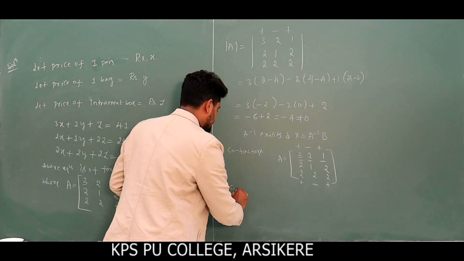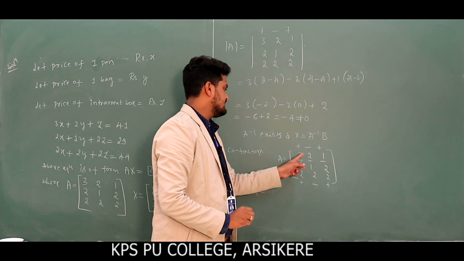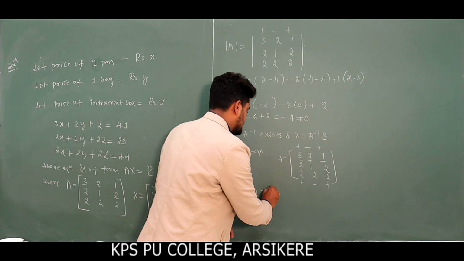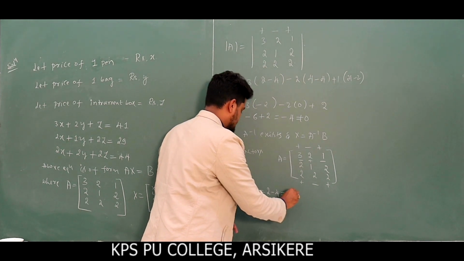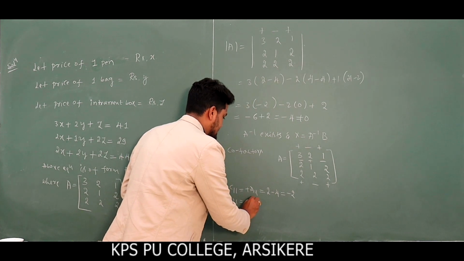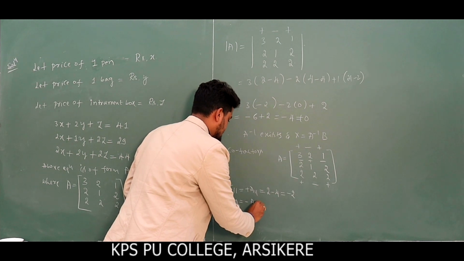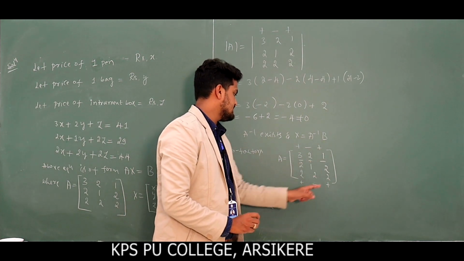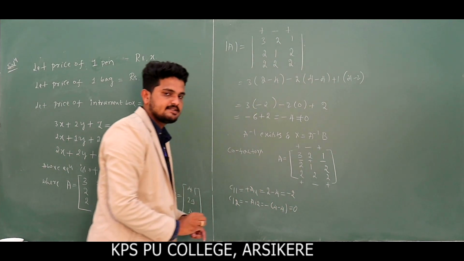So C11 is plus A11, eliminating first row first column: 2 into 1 is 2, 1 into 2 is 2, so 2 minus 4 which is equal to minus 2. So C11 is minus 2. Next C12, so minus A12, eliminating first row second column: 2 2s are 4, so 4 minus 4 which is equal to 0.